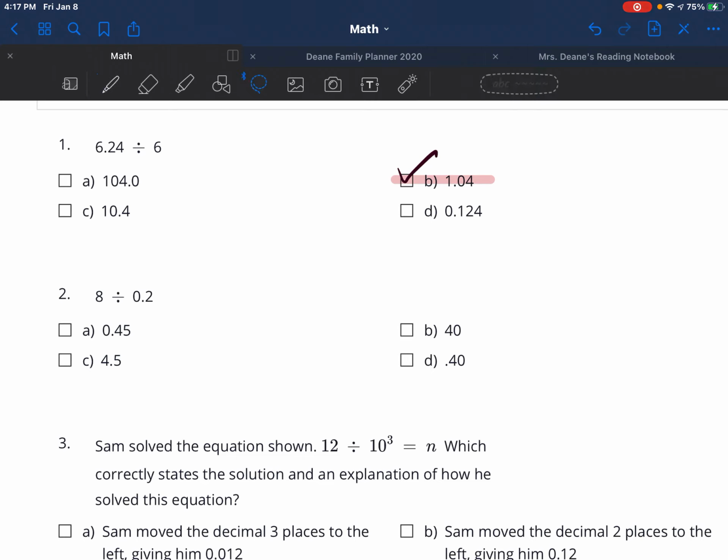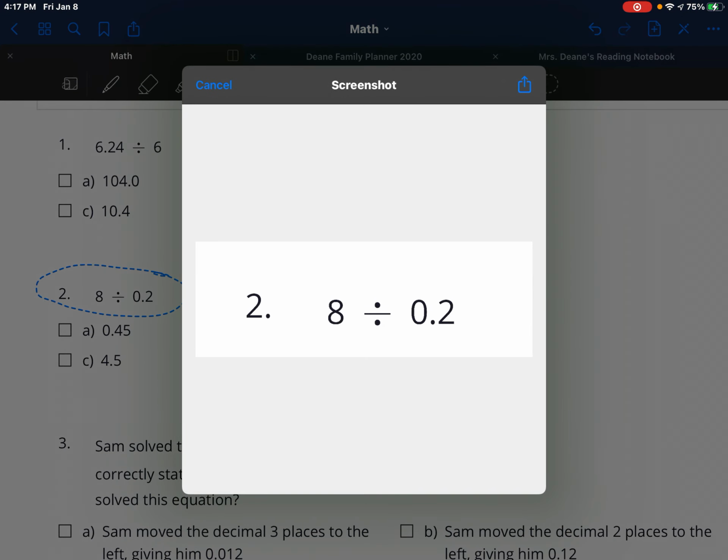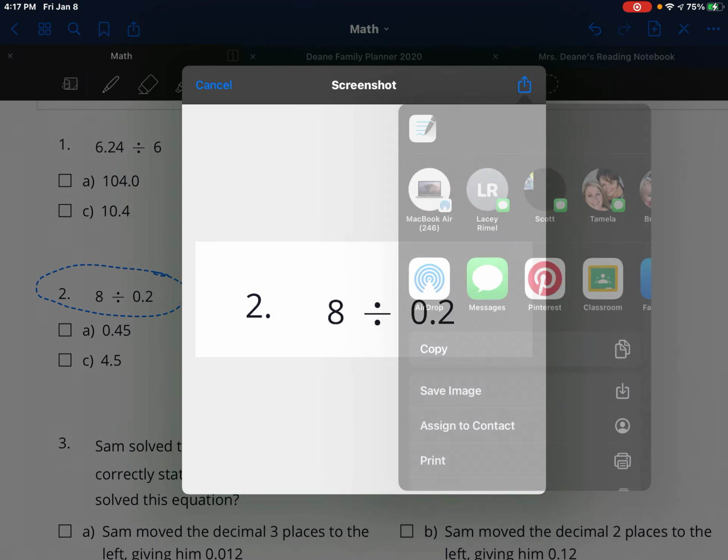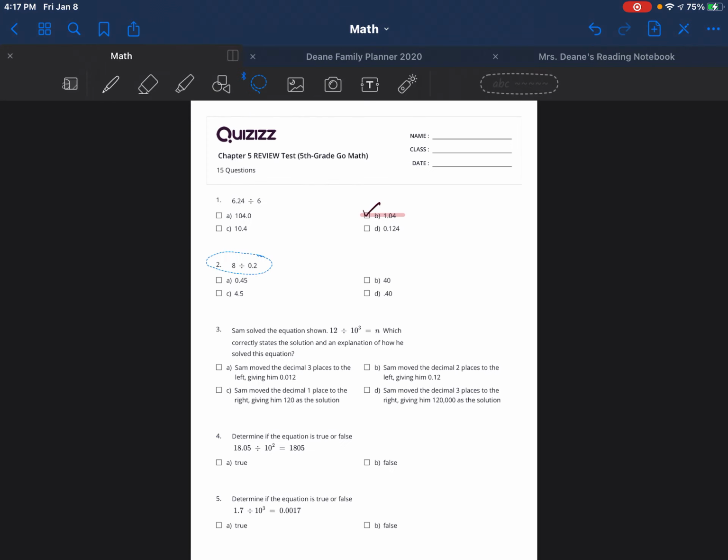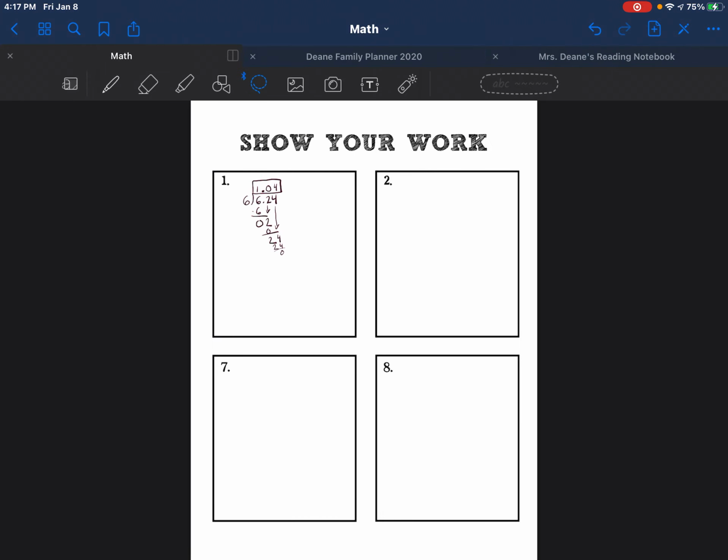The next problem here we have is 8 divided by 0.2. So I'm going to go to my work paper again. Number 2. I'm going to put in the problem. Obviously, for you guys, you would go ahead and actually just write that in. I brought it over so I wouldn't forget it.